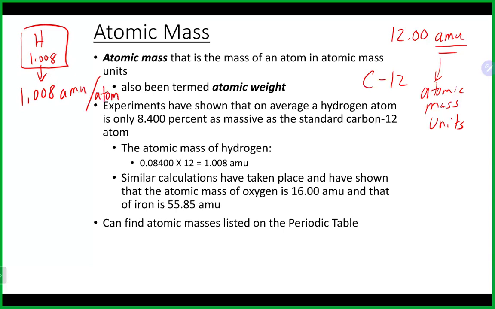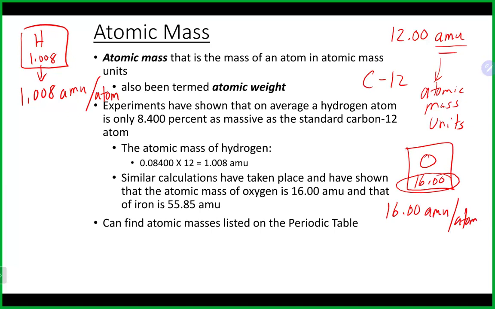We will talk about in a later chapter a more usable unit that involves grams, and that's what's known as the molar mass. And as we will talk about later, it's essentially the same number as well. But you can take that number off the periodic table as how many AMU there are in one atom of whatever you're looking at. Obviously, if you looked at oxygen, 16, that would mean that there are 16 AMU per atom of oxygen from the periodic table.